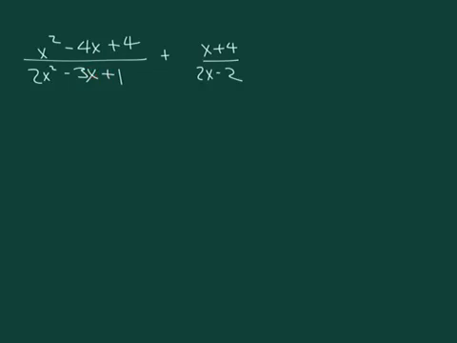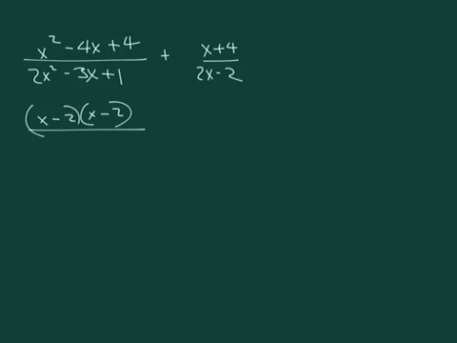So again, the first thing we're going to do, before we find common denominators, is simplify. So let's go ahead and simplify this thing. What we're doing is simplifying just the bottoms right now because we're looking at common denominators. In fact, x squared minus 4x plus 4, when you factor that down to x minus 2 times x minus 2, you're not going to be able to cancel anything, but let's go ahead and leave it that way.